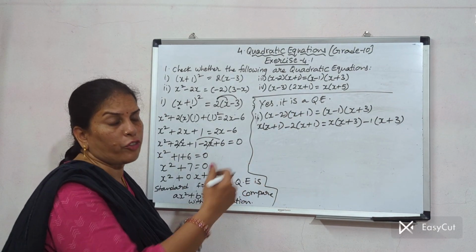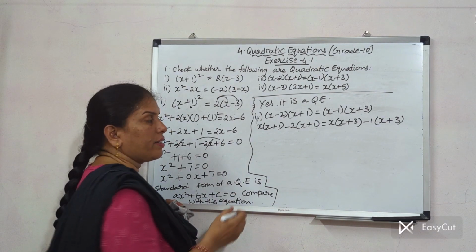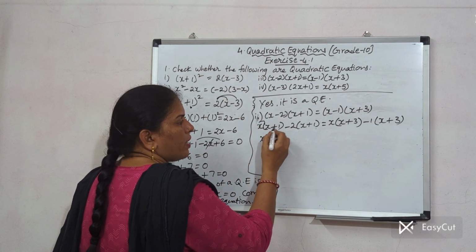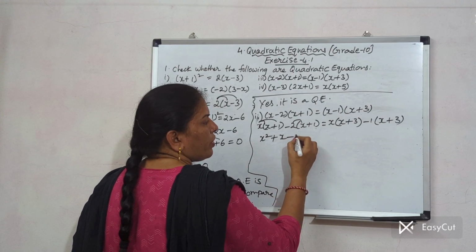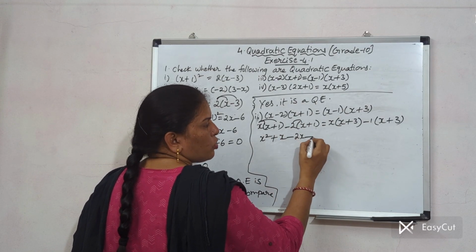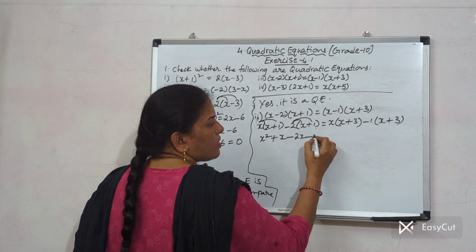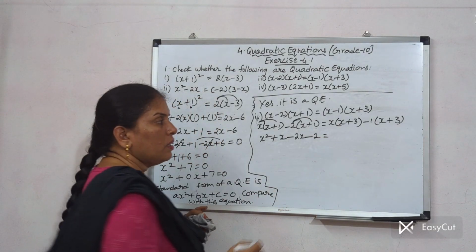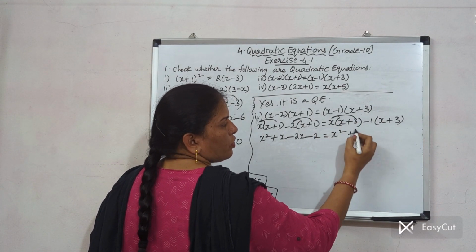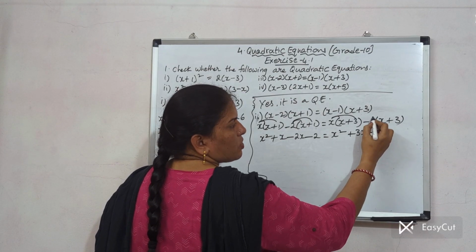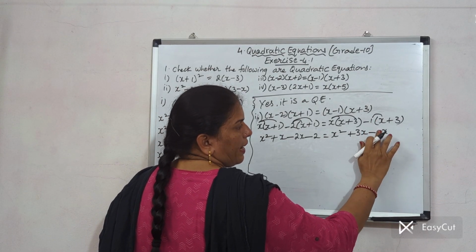Okay? Or apply the formula. Direct answer you will get. X into x is x square plus x into 1 is x minus 2 into x is 2x, minus into plus is minus, 2 1's 2, equal to x into x is x square plus x into 3 is 3x minus 1 into x is 1x or x.